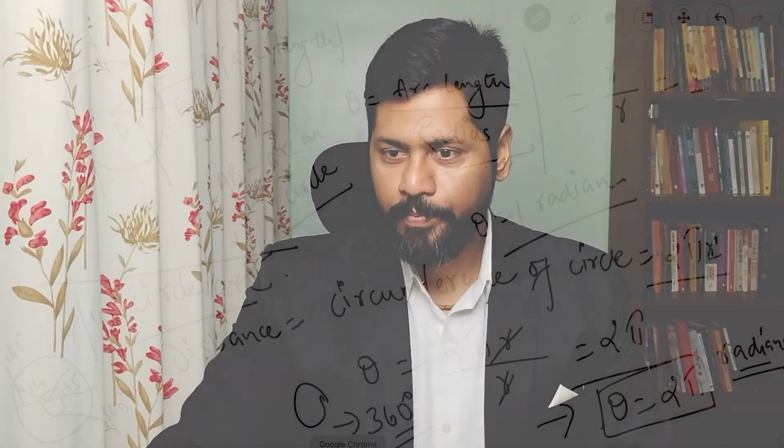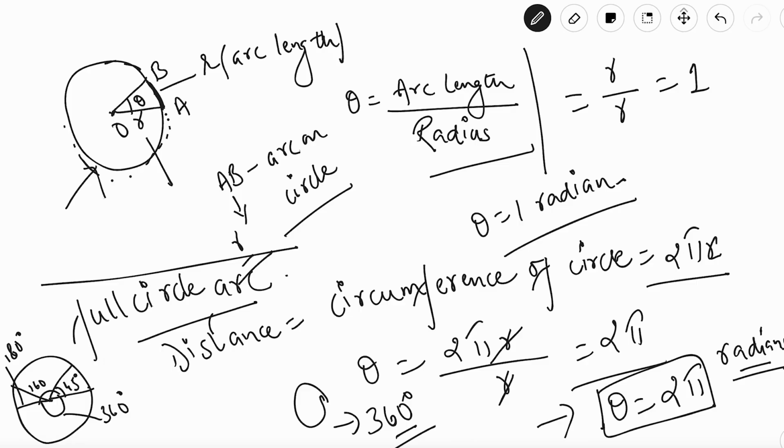Now that we know what a radian is, next is the difference between a degree and a radian. Degree basically divides a circle into multiple slices and measures the number of slices that make up that angle. For example, let's say I have a circle here with this as the center. When I draw this 45-degree angle, it is one slice of the circle.